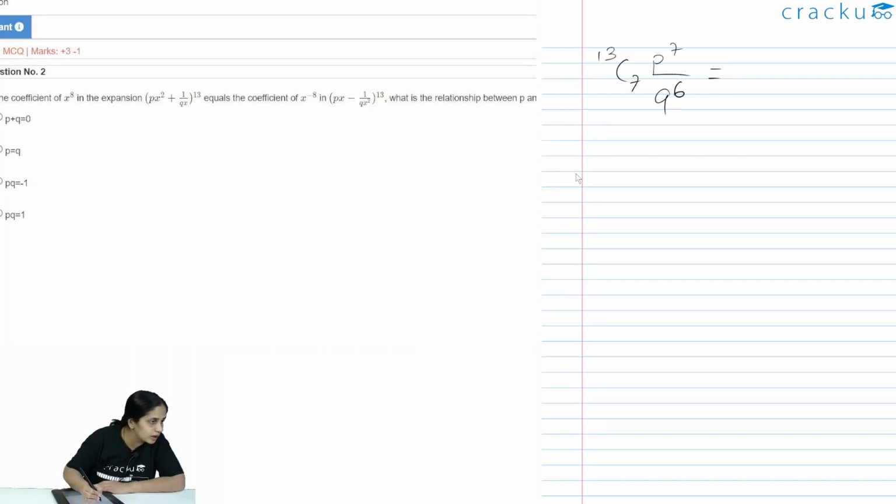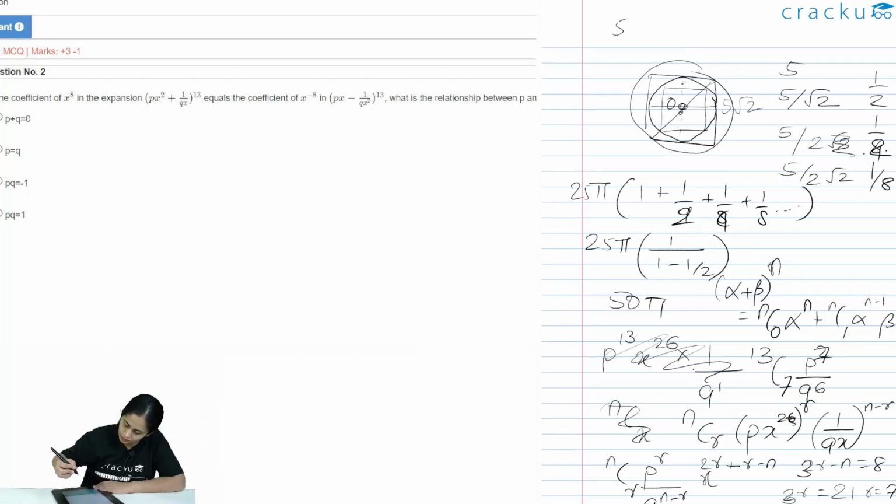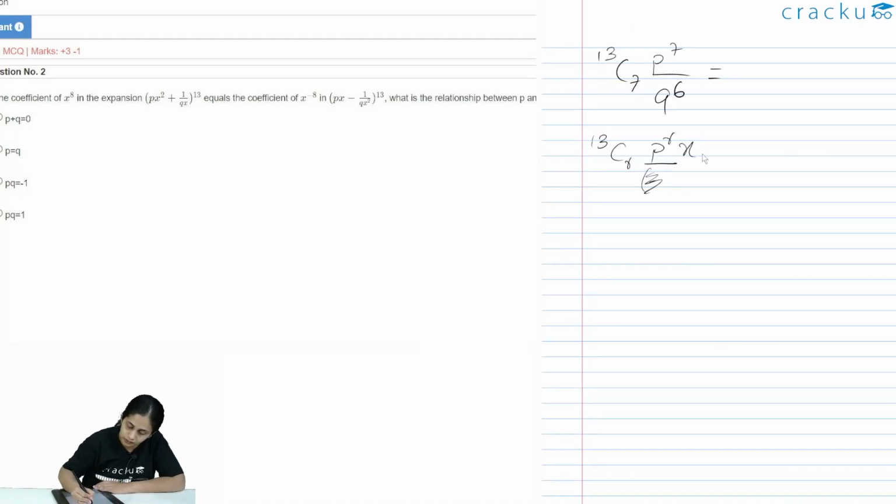And then the other side, this is basically equal to 13Cr p raised to r q raised to minus, so p raised to r into x raised to r into minus of 1 by q x squared raised to n minus r.